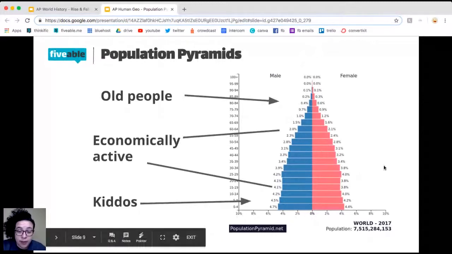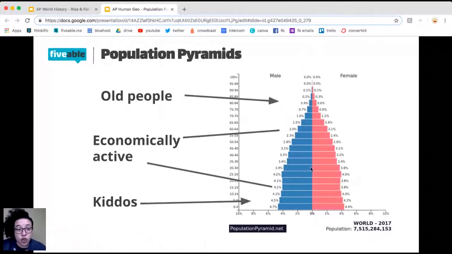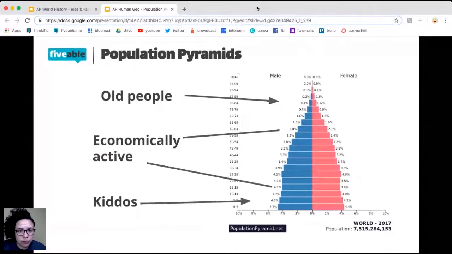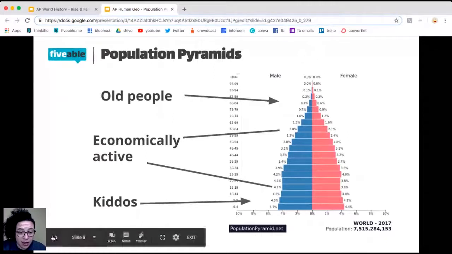So if there's a period of migrations to a country, you're going to see more males in that country. Or if they're emigrating from the country, you're going to see more females there. So you can see the gender makeup and you can make assumptions about those. You can apply history, just an understanding of what happened to explain why.